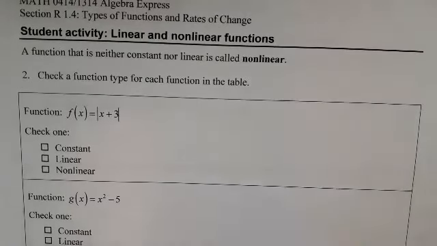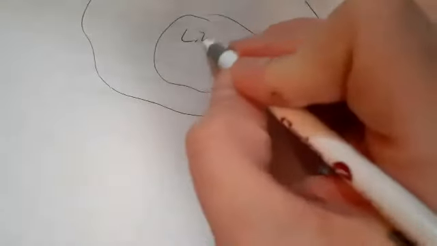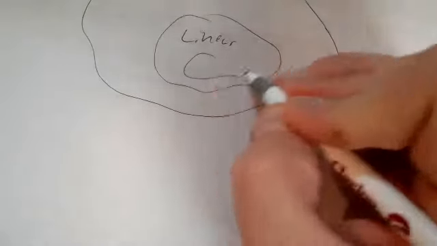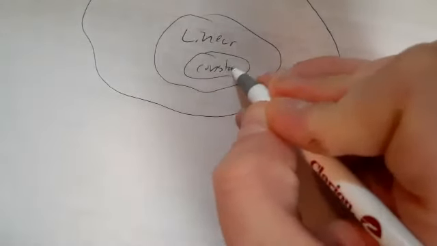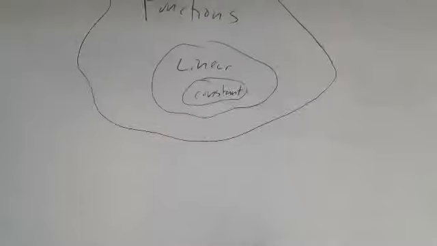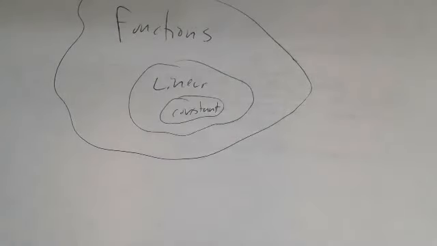Maybe a Venn diagram might help, maybe if you're picturing these things. I'm thinking about sets and subsets. This is a sort of picture that maybe goes on in my brain, right?